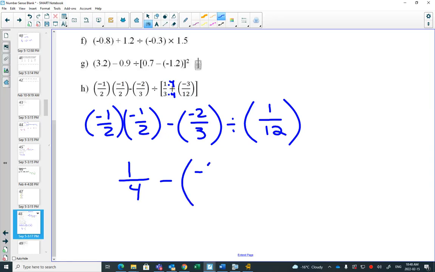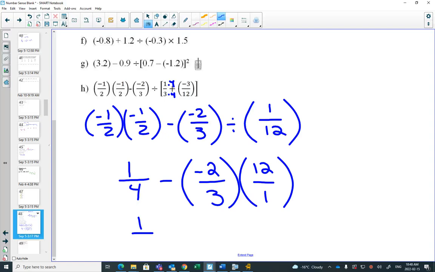You multiply by the reciprocal. So change the divide sign. Flip the second fraction. There's a review of dividing. And now I can multiply 1/4. -2 times 12 is -24. And 3 times 1 is 3.